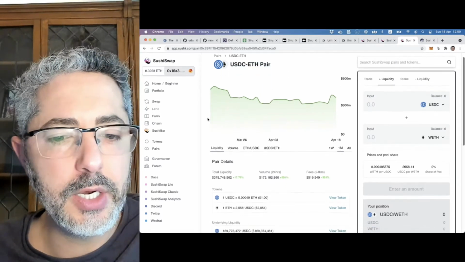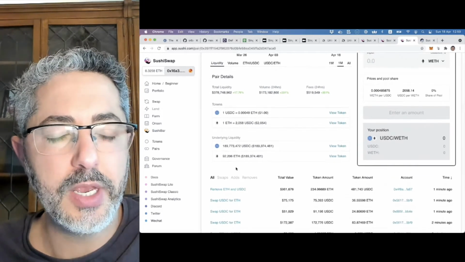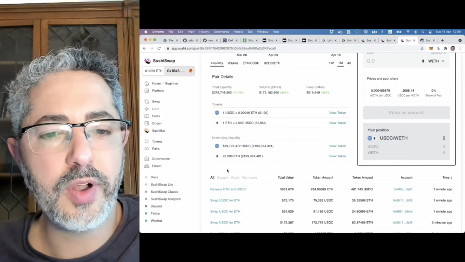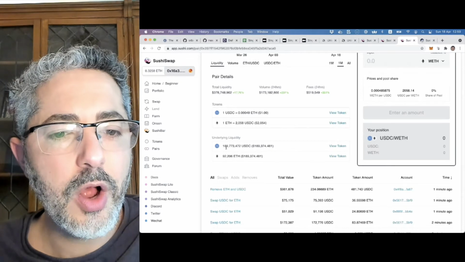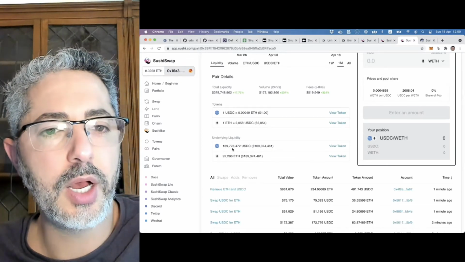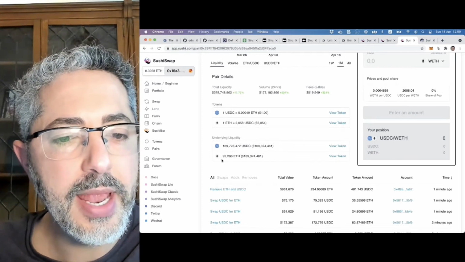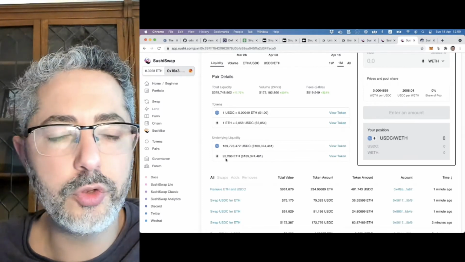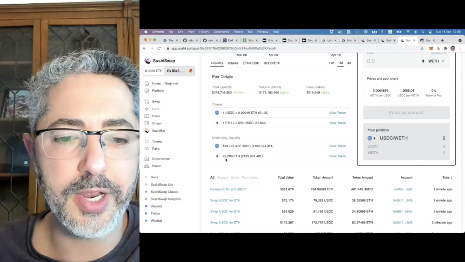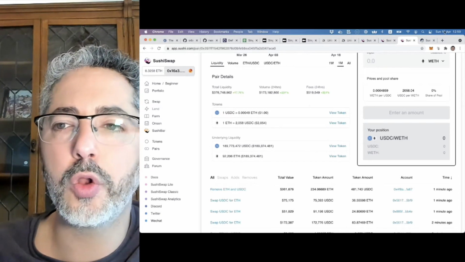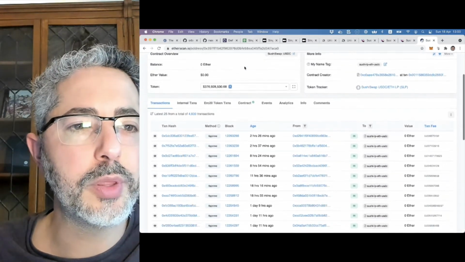And what you can see here is the underlying liquidity. You can see that right now, liquidity providers have given $189 million to Sushi, to the contract, and they have provided 92,000 Ether, which is a lot of money. I want to show you the contract for this. So let's go to Etherscan.